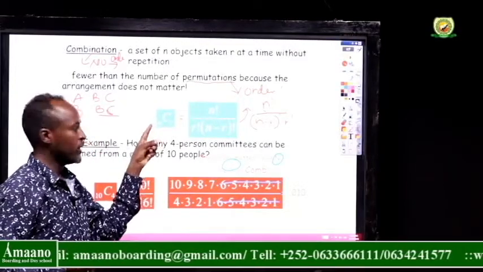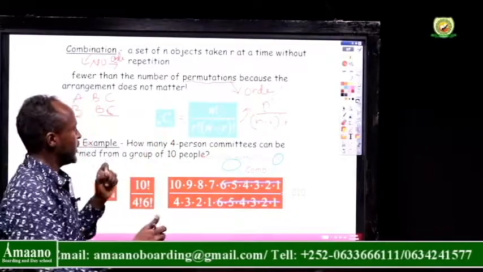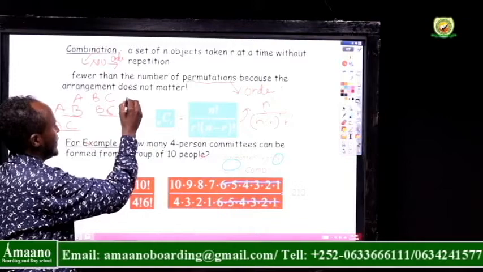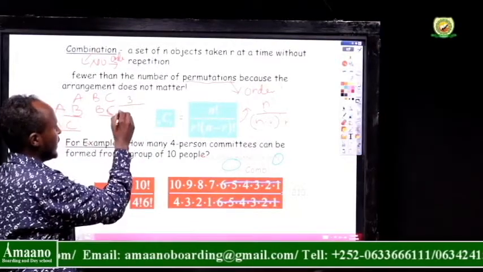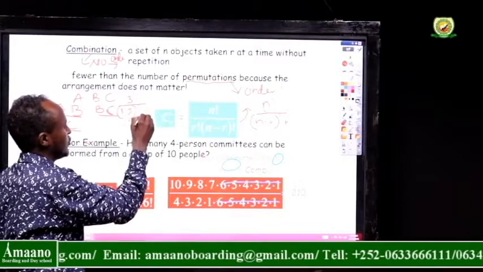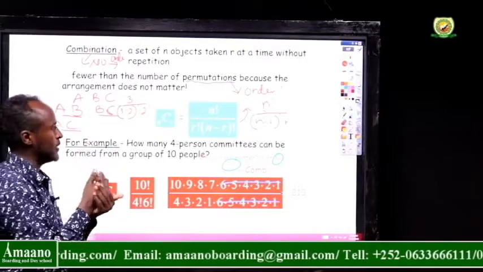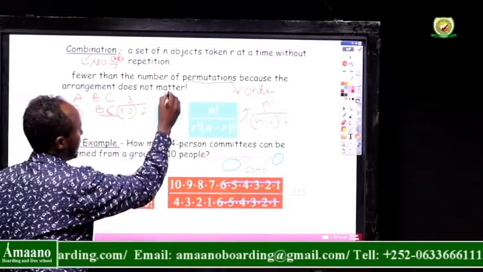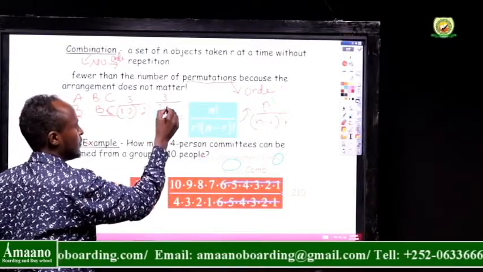Look, in this question we have 3 students. n is 3, taken 2 students at a time. If we apply this formula, it is 3 factorial, which is the 3 students, divided by 3 minus 2 factorial times 2 factorial. You have 3 factorial on top, and 3 minus 2 is 1 factorial times 2 factorial.